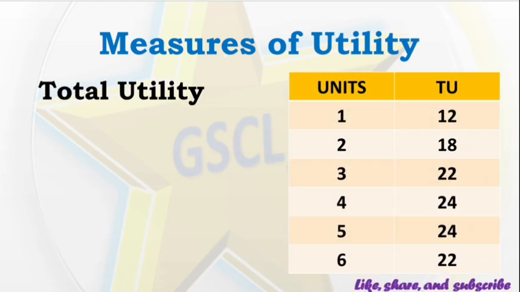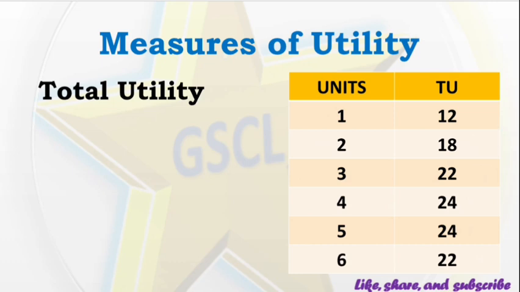Here is a table that highlights the number of units consumed, and the satisfaction level is expressed in terms of numbers. After having the first unit of mangoes, the consumer is having 12 utils of satisfaction. After the second unit, 18 utils.